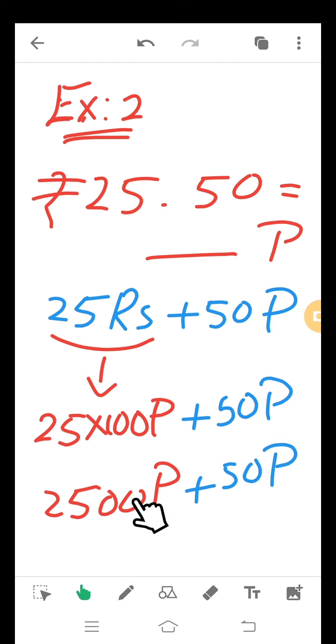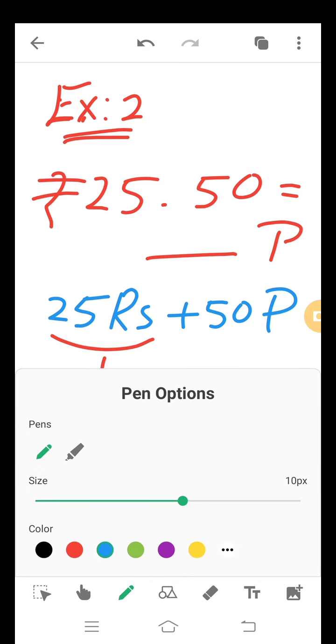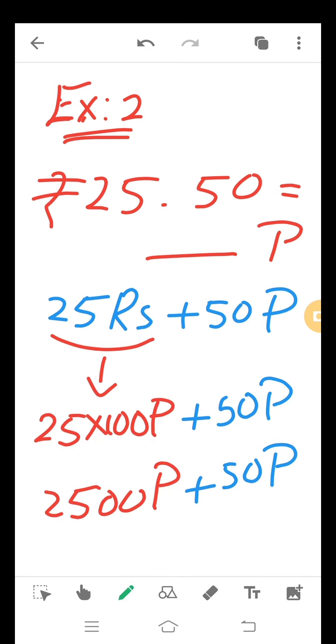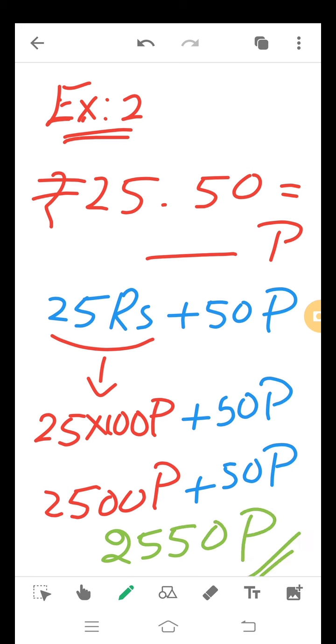Now you can add both. 2500 paise plus 50 paise equals 2550 paise. That's it. This is the final answer. So students, listen to one thing. First you have to split the question like that. The point will convert to plus. So for 25 rupees 50 paise, just convert the rupees part into paise. Don't disturb the paise part. Finally you can add.